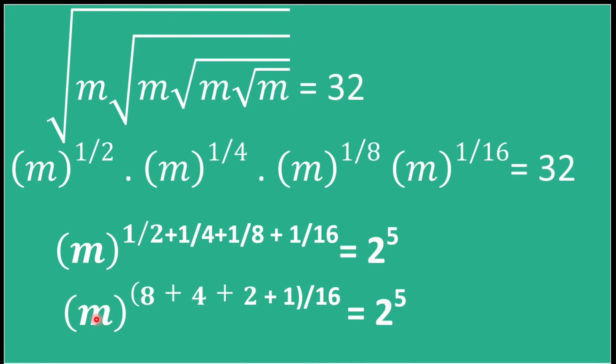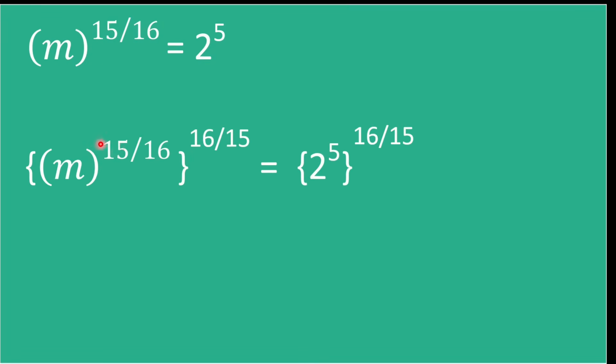So overall this will become m power 15 divided by 16, and here we have 2 power 5. So now to eliminate this 15 divided by 16, we will take the reciprocal, that is the multiplicative inverse of this. The multiplicative inverse will become 16 divided by 15.